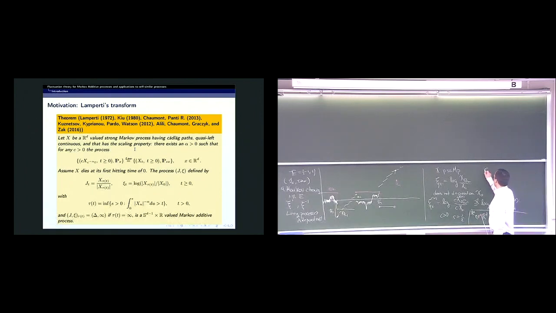So I will see that psi t, log of X of b t divided by x0, depends on x only via the absolute value of x and x divided by the absolute value of x.